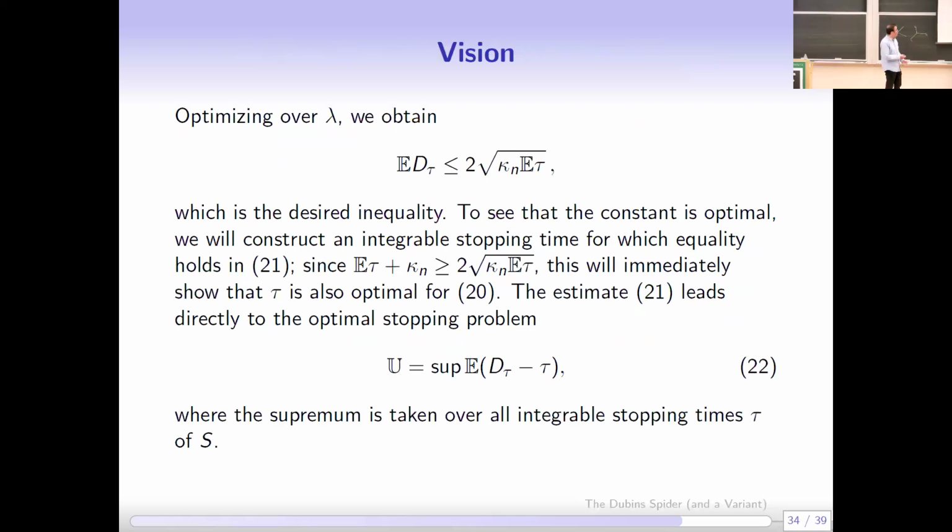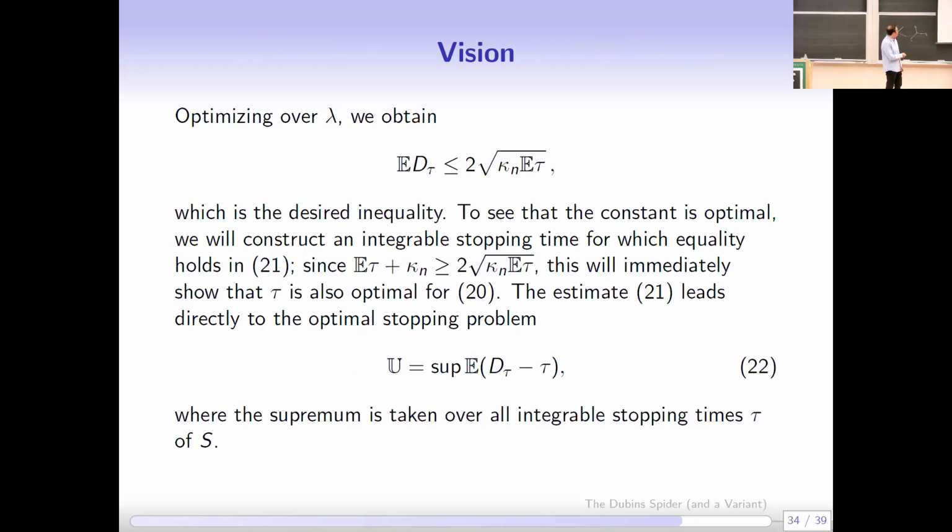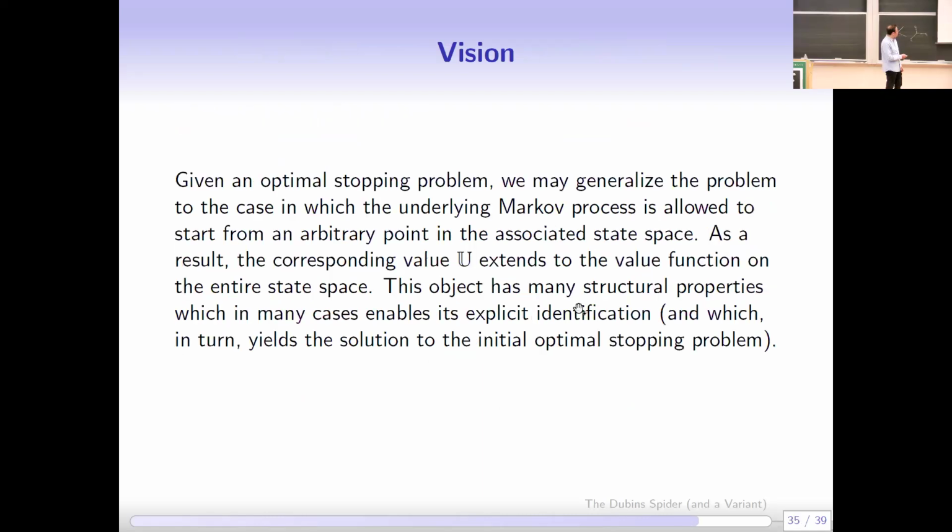You then optimize over lambda, you obtain this inequality. To see that the constant is optimal, you have to construct an integrable stopping time. And then the estimate in 21 from here will eventually give rise to this optimal stopping problem, which is a supremum taken over all stopping times tau of s.